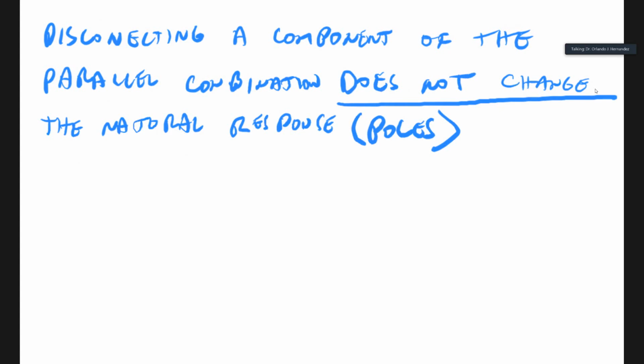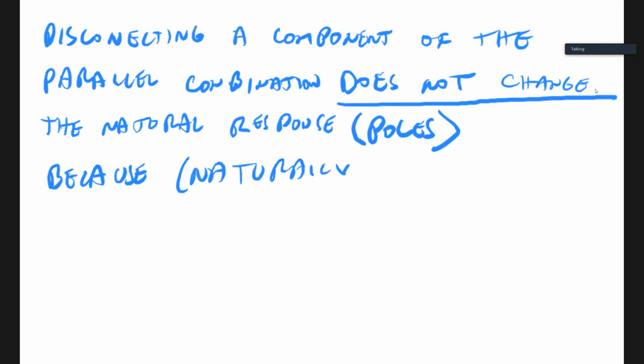And the reason that you always get that parallel combination is that when you are calculating that natural response, so let's put naturally here, the input voltage is a short.